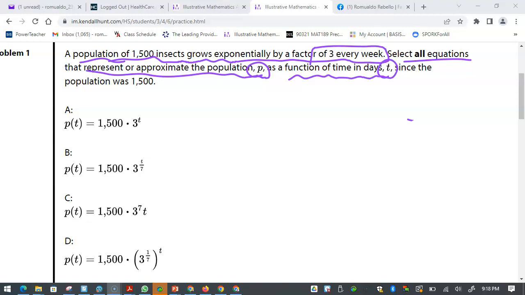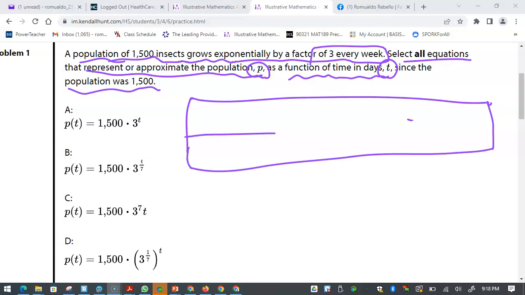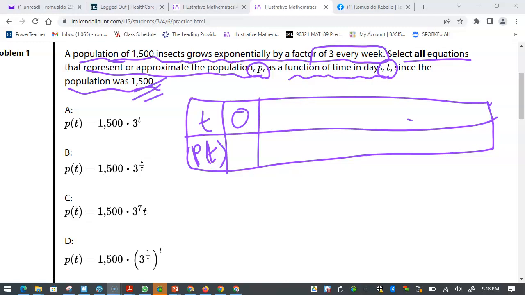So the input and output are given. Since the population was 1,500, even though we don't need it, I will make a table just to get an idea. It is T and P, population. In the beginning, at 0, it was 1500.